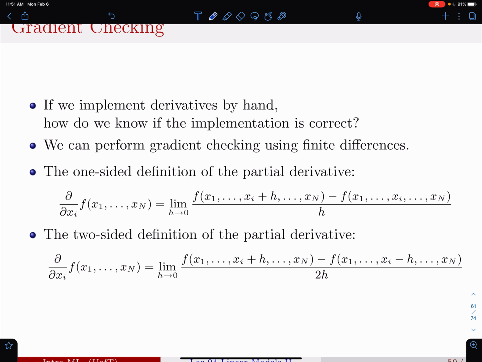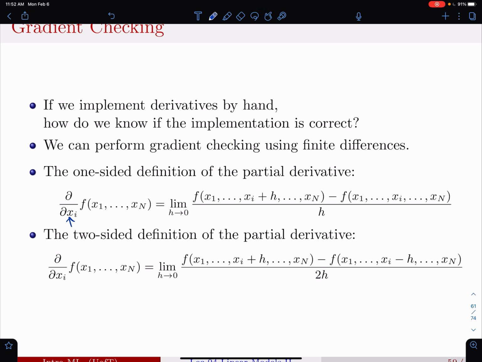So if we're looking at the gradient with respect to a parameter, let's call it xi, the definition of the gradient is what the slope essentially is at this specific point as you zoom in on it.